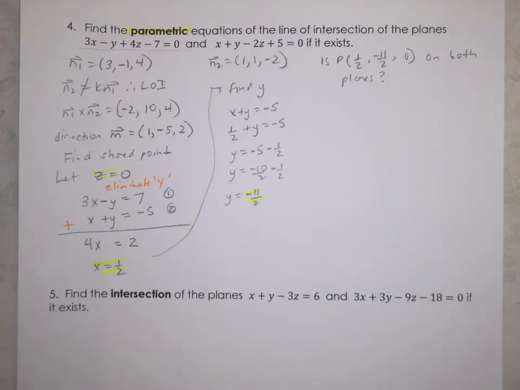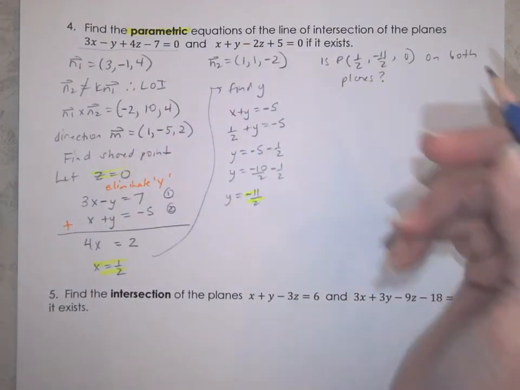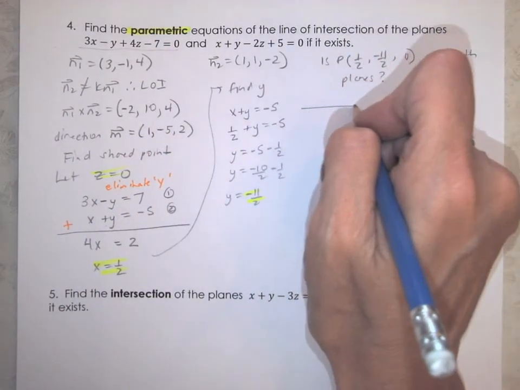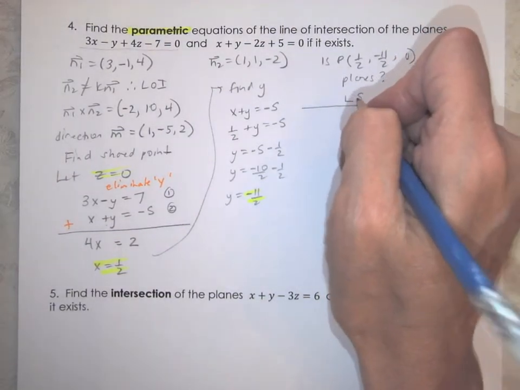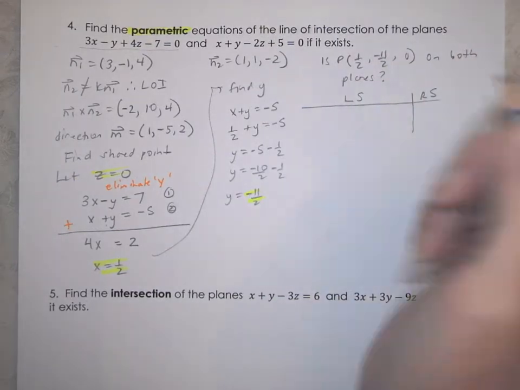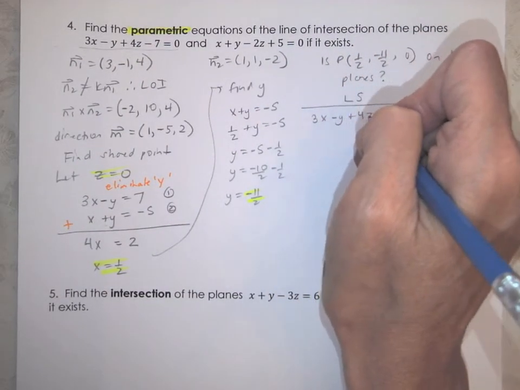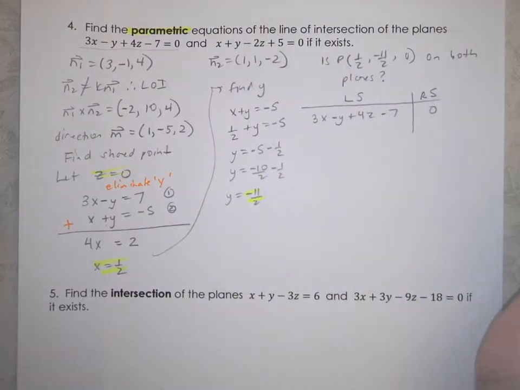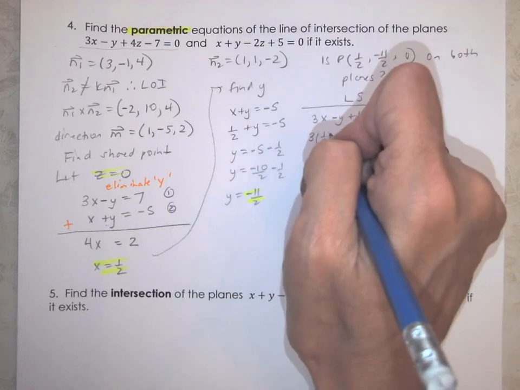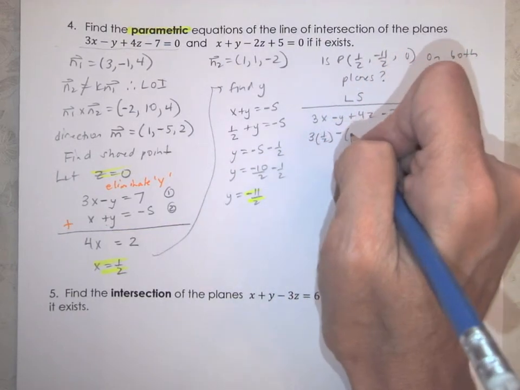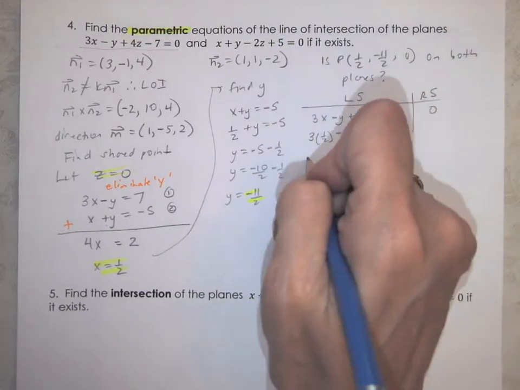And it's a point in space, it's a fixed point, it's not a direction, so I can't find a scalar multiple of it, which sometimes people do accidentally. They're not thinking about it properly. So this is a little bit harder to test here. I want to make sure that I do this correctly. So my left side is 3x minus y plus 4z minus 7, and my right side is 0 for pi 1 here. So 3 times a half minus negative 11 over 2 plus 4 times 0 minus 7.